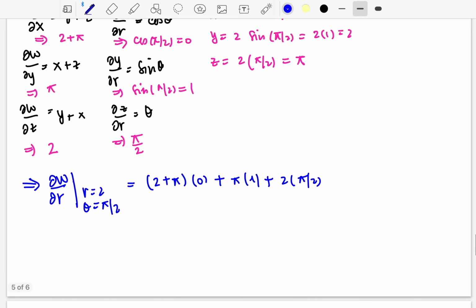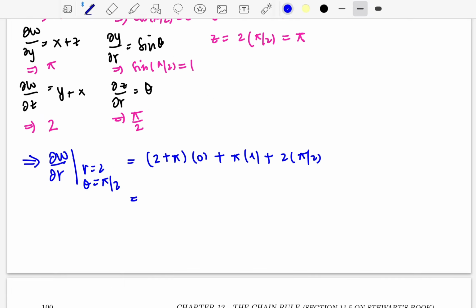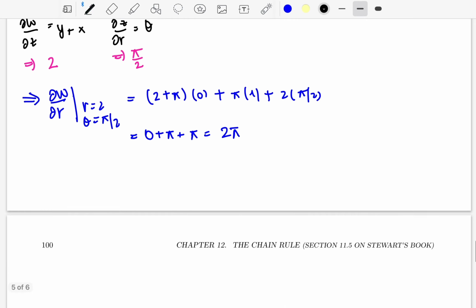And if I simplify this, I'm going to get 0 plus pi plus pi, which is equal to 2 pi.